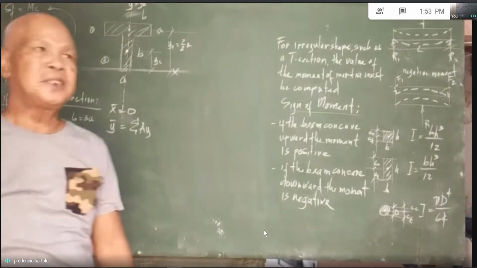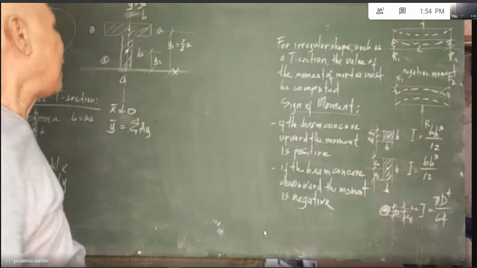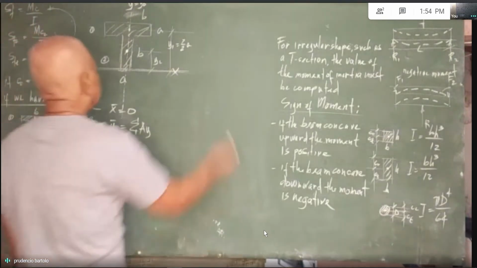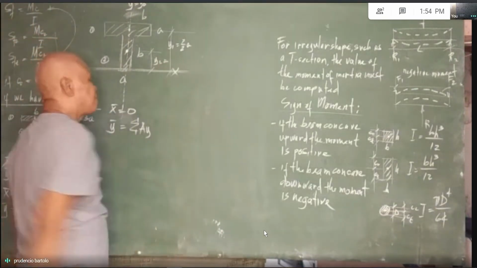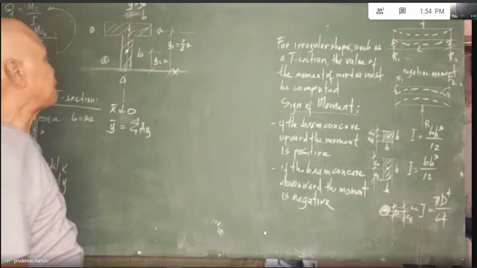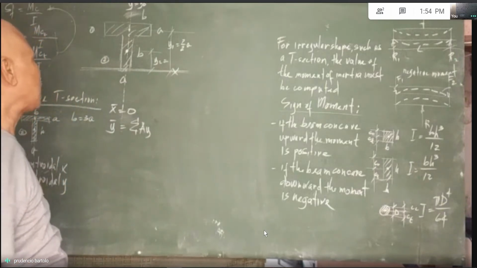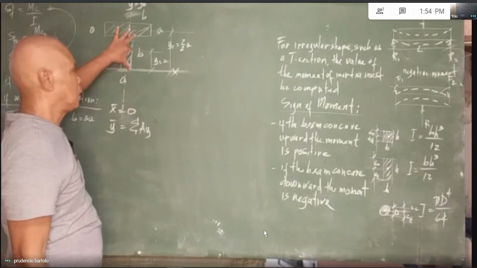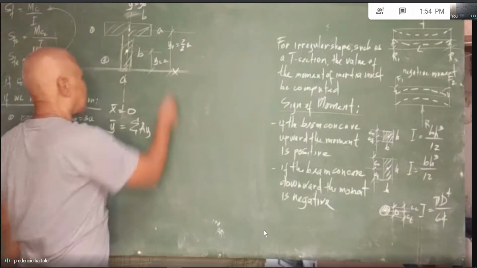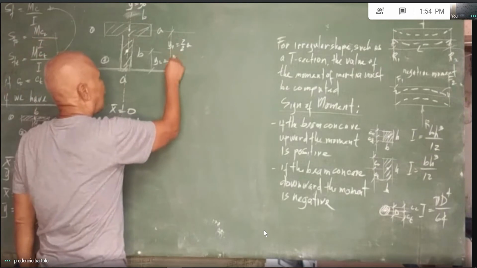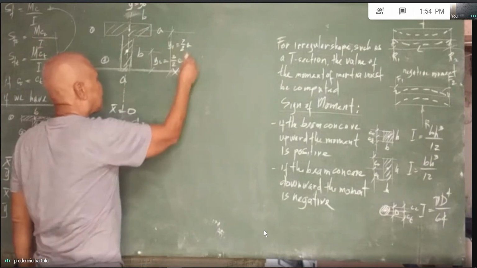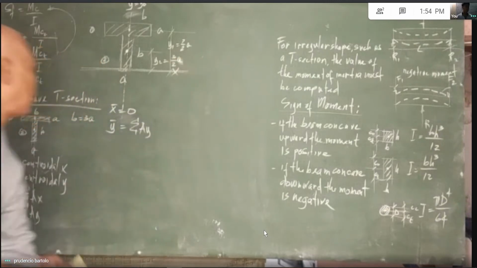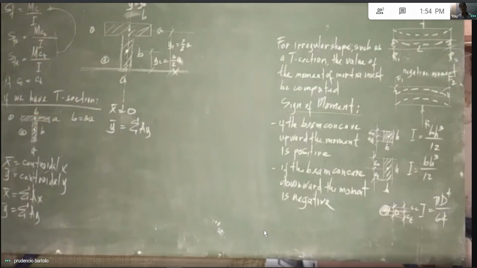That is the location of the y element of figure number 1. For the y element of figure number 2, we can now have half of 3a. So that is our y element.